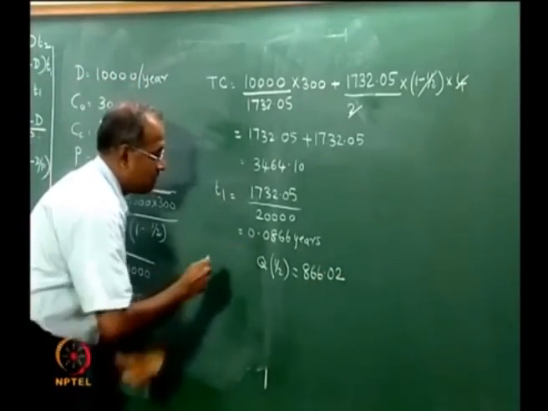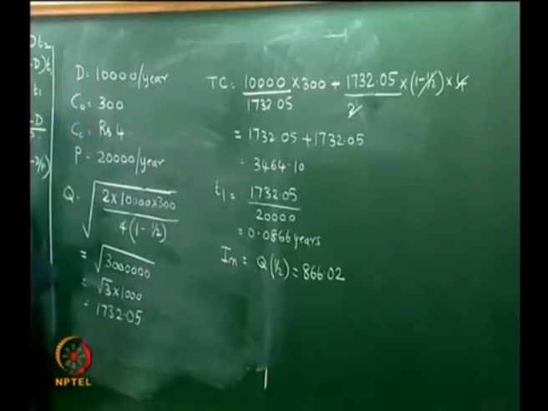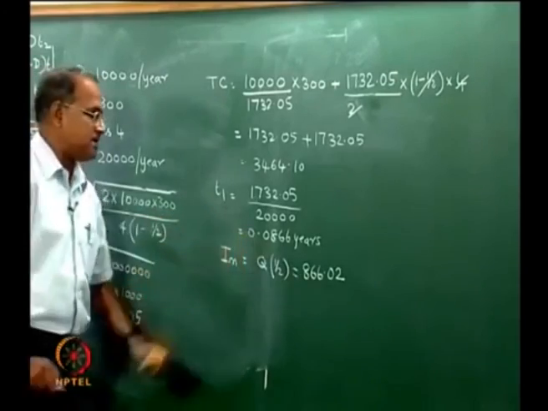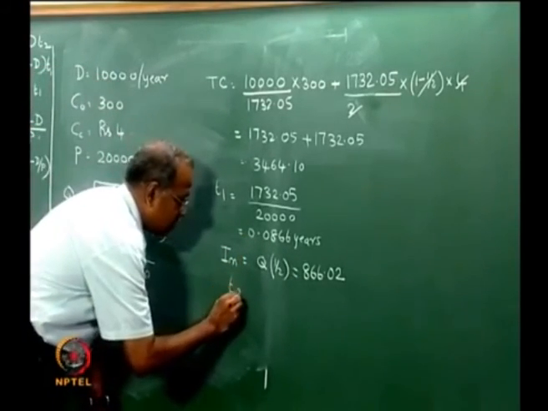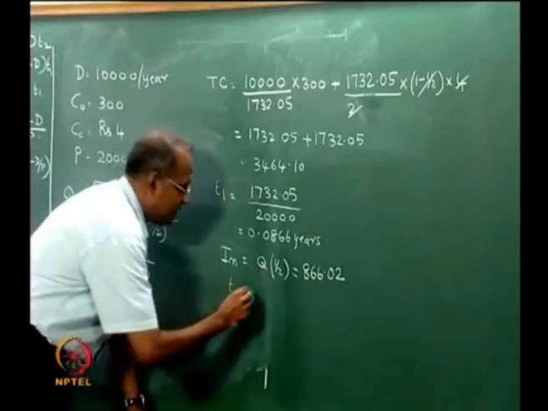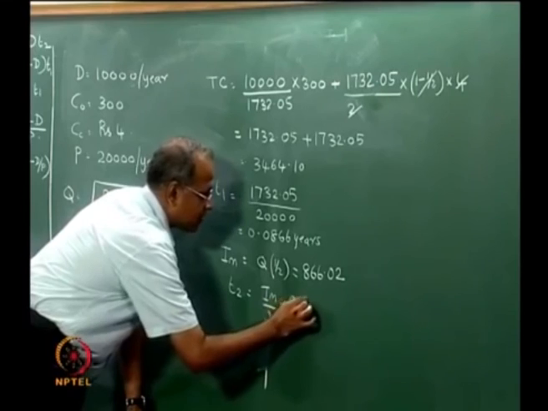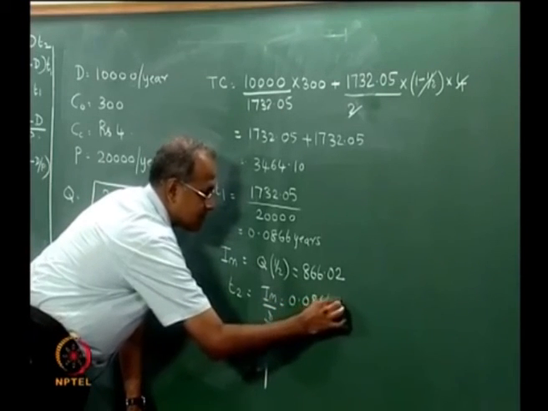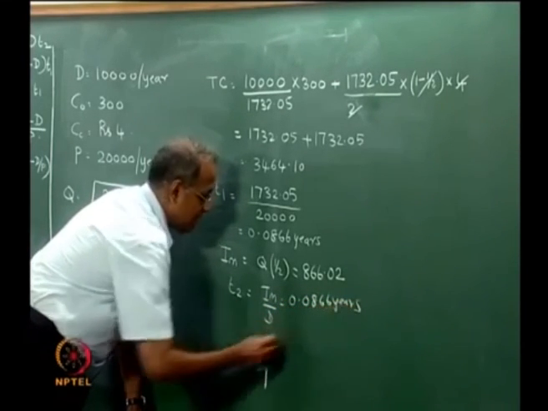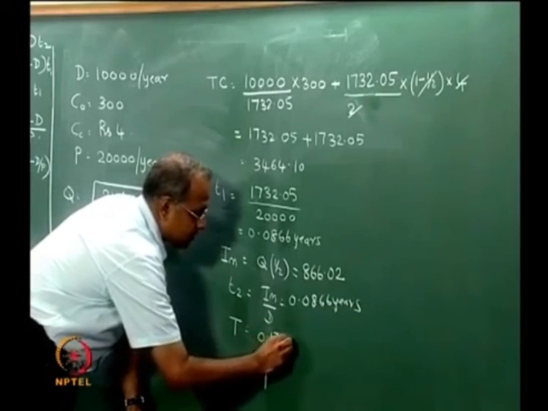So, T2 is equal to Im divided by D, which will be another 0.0866 years, and the cycle T will be 0.1732.